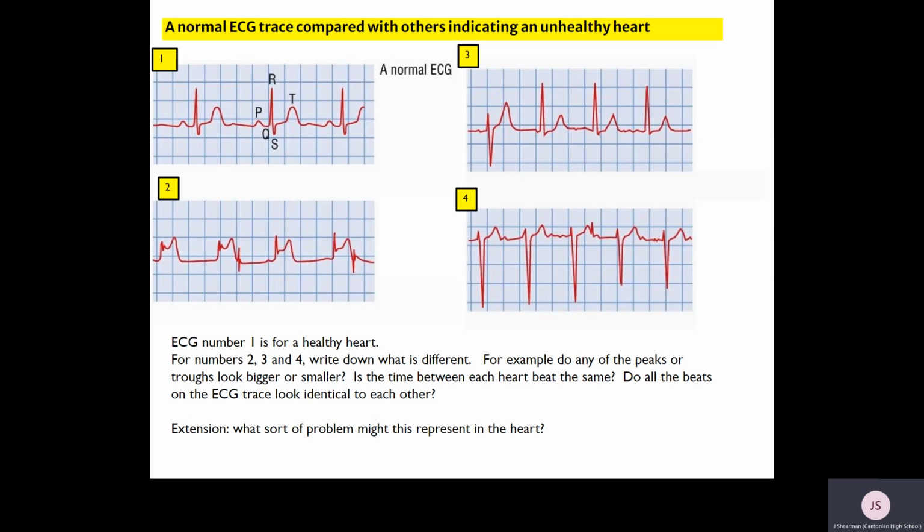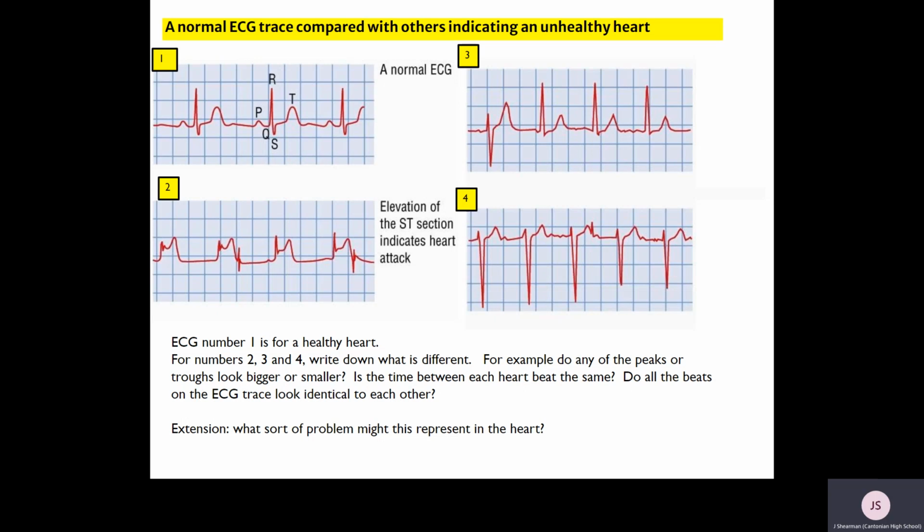So let's start with number 2. With number 2, you might have noticed that the QRS complex looks completely different from our normal trace. The peak for R is not as high, and when it drops back down, it doesn't drop as low.